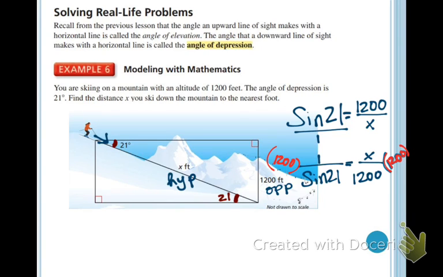It's hard to find the correct color that you could actually see on this. All right, so this is going to be the hypotenuse. So it's going to be the longest number. It's going to be way bigger than 1200. What is it? 3,348.5. Round it to the nearest, what does it say? Foot. 3,349. And then feet. Ta-da.